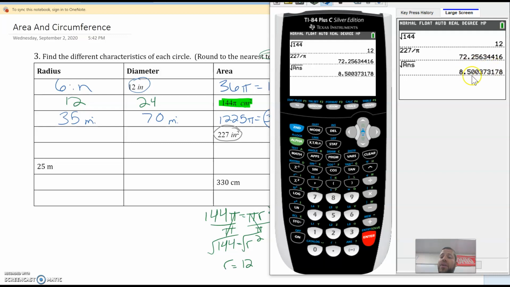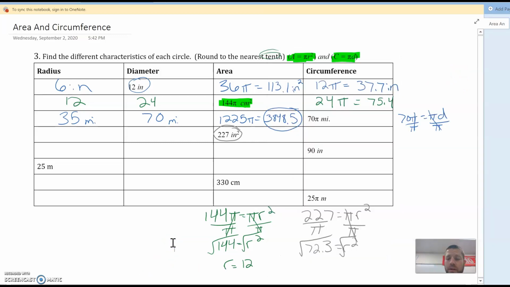So now I can round it at the very end. So that would be 8.5. r equals 8.5. That is my radius. Diameter, multiplied by 2. And then for the circumference, I'm going to take the diameter, 17 times pi. Again, I'll take either one, 17 pi, which is 53.4.